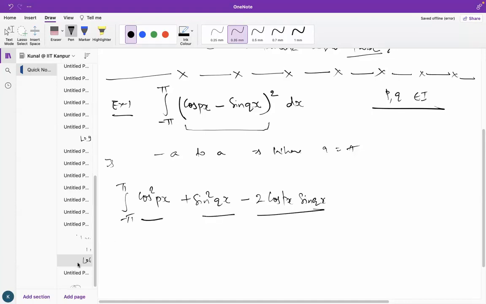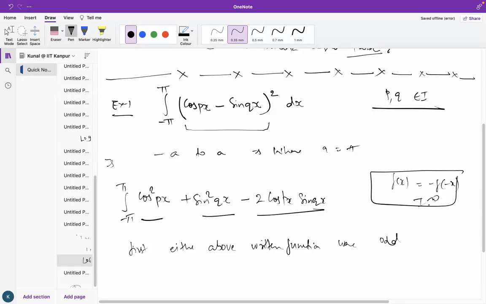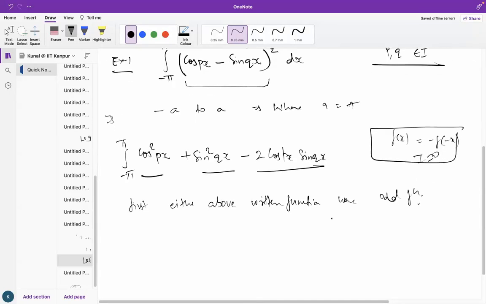Now what you have to do is first check whether all the above written functions are odd or even. Because if the function is odd, that means f(x) is equal to minus f(minus x), so we can write directly that the integration will be 0.